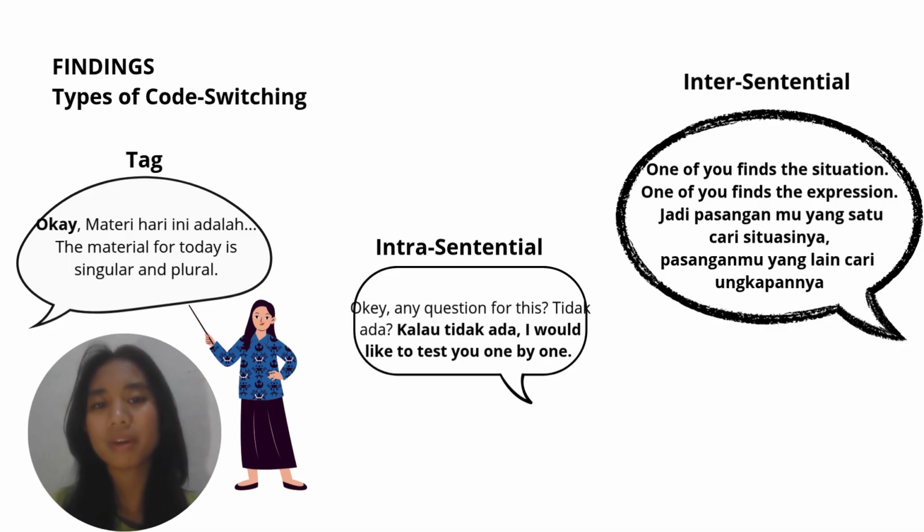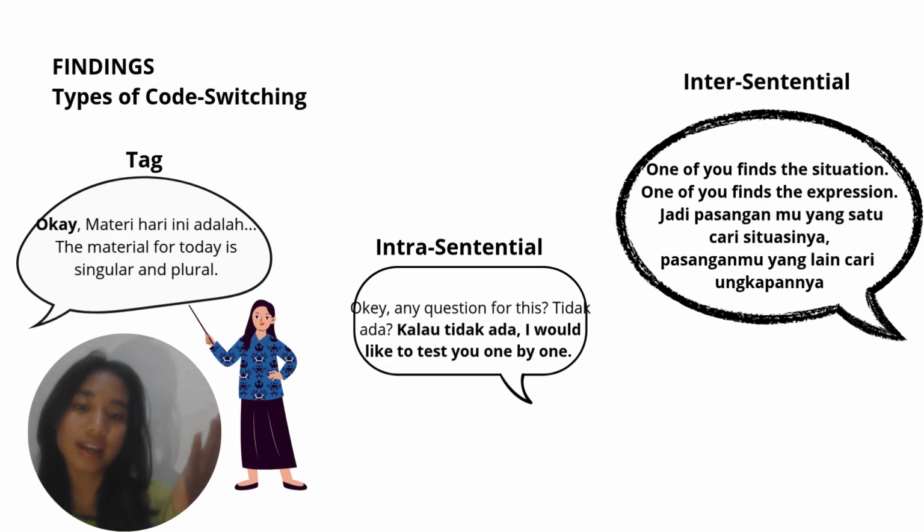Here, the switching may sound simple, but actually it's like a linguistic bridge that helps the lecturer and the students have a natural and friendly conversation to make students feel more engaged.